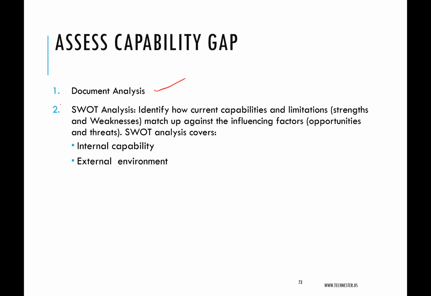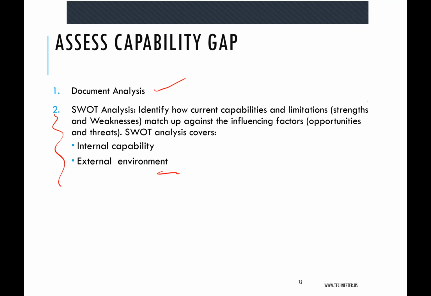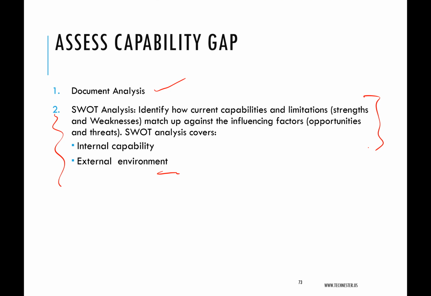So another technique that is common, fancy, useful, but we already know it, is SWOT analysis. SWOT stands for strengths, weaknesses, opportunities, and threats. You do SWOT analysis to understand the strengths of an organization or an enterprise. It may be a department, a whole company, or a whole region of companies.